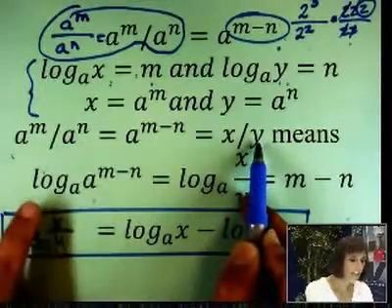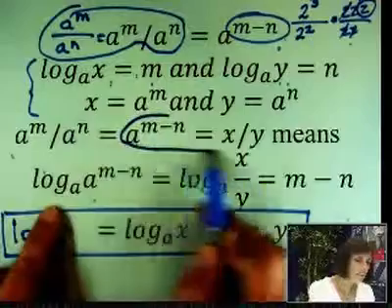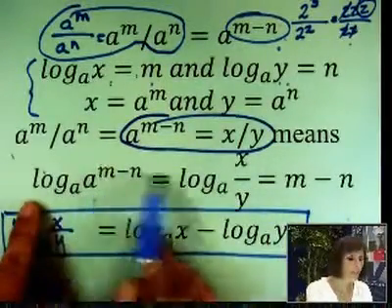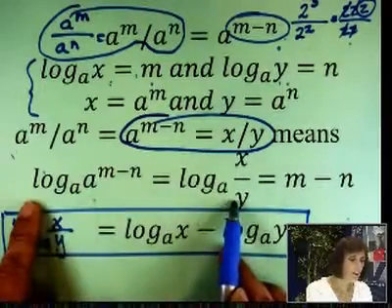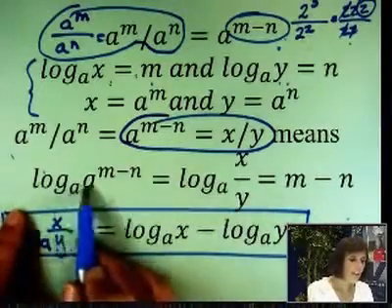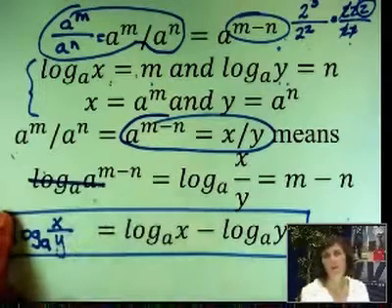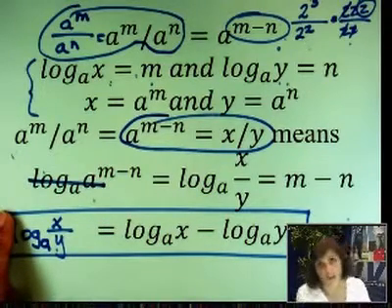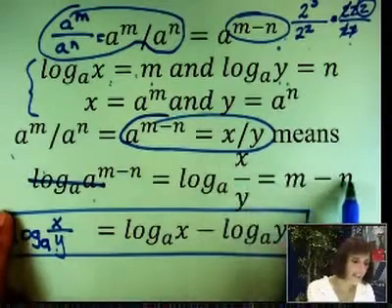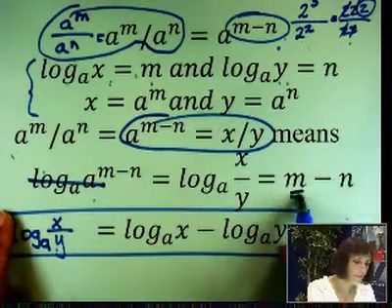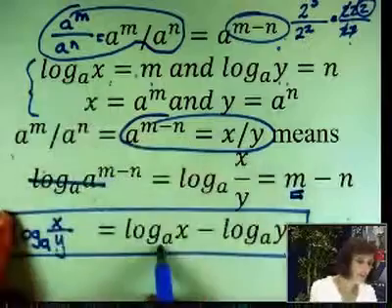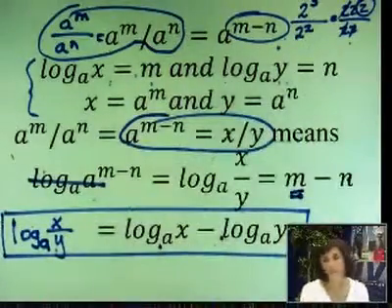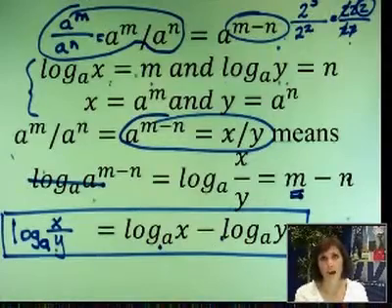Now let's take the logarithms of both sides. Log base a of a to the m minus n, log base a of x over y. Watch. Log base a of a to the m minus n, these two will cancel out because of the inverse property, because the inverse of a function gives x, right? And you get m minus n. What was m to start with? M was this, and n was that. All right? So either memorize it or derive it on the spot.